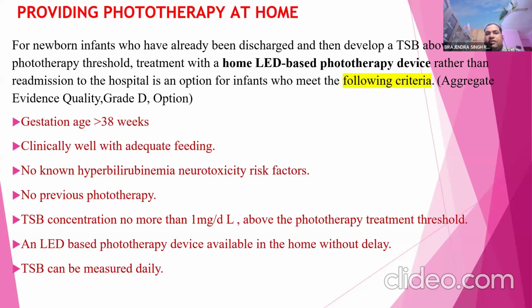Treatment with a home LED-based phototherapy device rather than readmission to hospital is an option for infants who meet the following criteria: gestational age more than 38 weeks, clinically well and adequate feeding, no non-hyperbilirubinemia neurotoxicity risk factor, no previous phototherapy, TSB concentration no more than 1 milligram per dL above the phototherapy treatment threshold, LED-based phototherapy device available in the home without delay, and TSB can be measured daily.